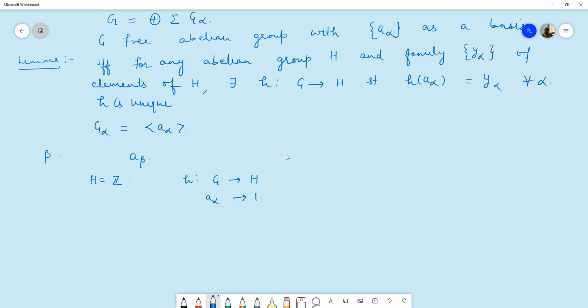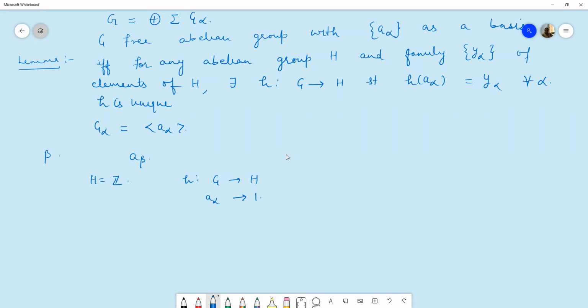So if we want to show that G is the direct sum of the groups G alpha, we have to apply the first lemma. That means each group G alpha is an infinite cyclic group. So that will prove that G is a free abelian group.